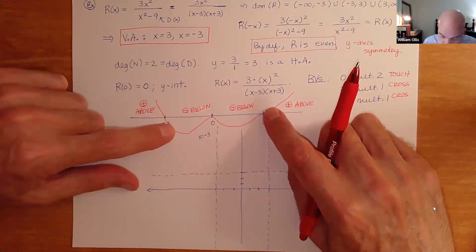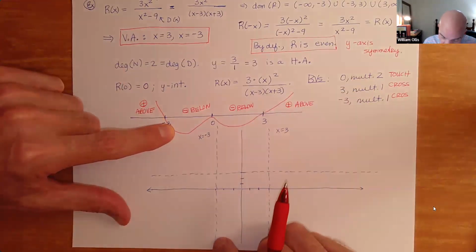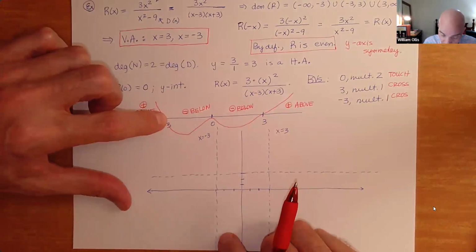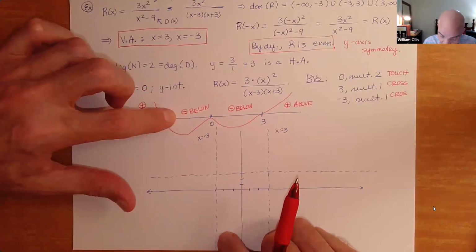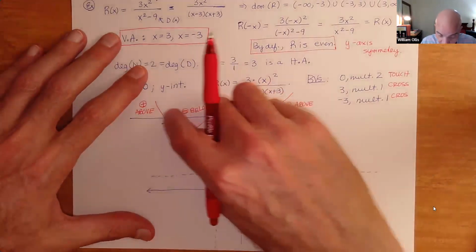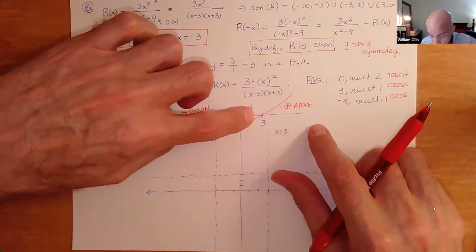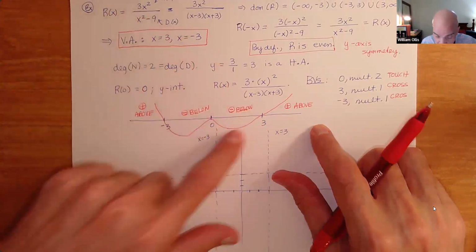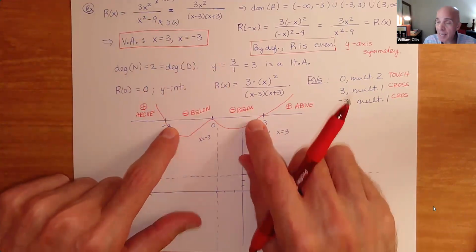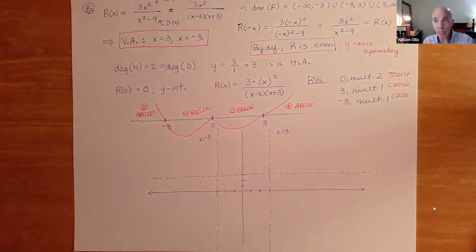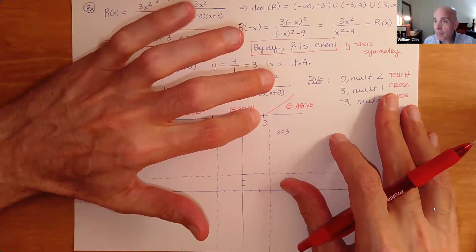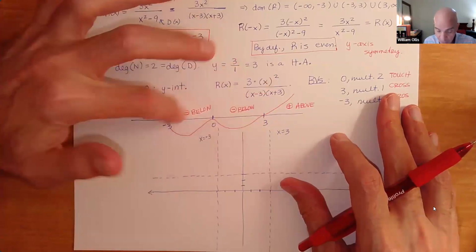Since we're below here, we must diverge to negative infinity as we approach negative 3 from the right. And then as we approach 3 from the left, we're still approaching negative infinity because the sign is negative. Again, we don't ever get to 3, so we just look at the sign that we have in the path leading up to 3, here from the left, here from the right.